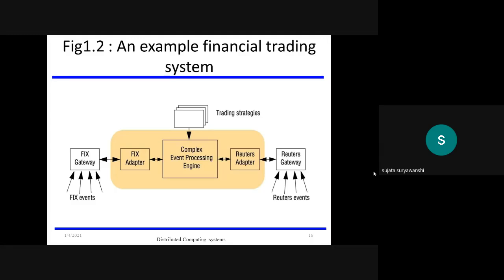This is the main task of this gateway. This is another example of a distributed system. These are the distributed system examples we have studied in this lecture. Now we'll see the next topic in the next lecture.